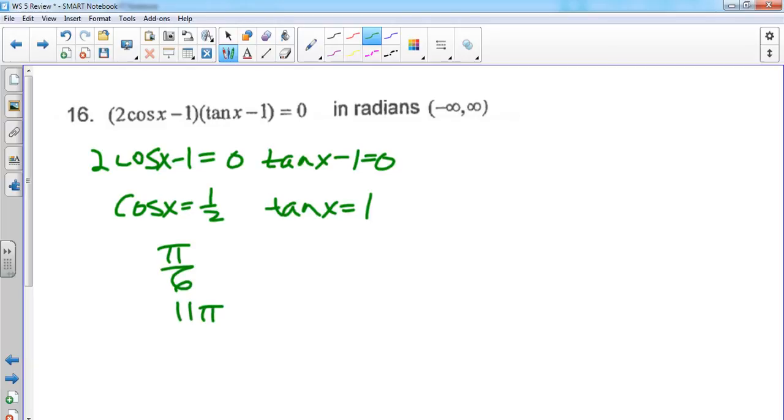And 11 pi over 6. Did I get that right, guys? It says all solutions. Did I get this right? Someone looking at their unit circle and helping me? Cosine is 1/2? No? It should be pi over 3 and 5 pi over 3, shouldn't it? Yes. That's what I got.